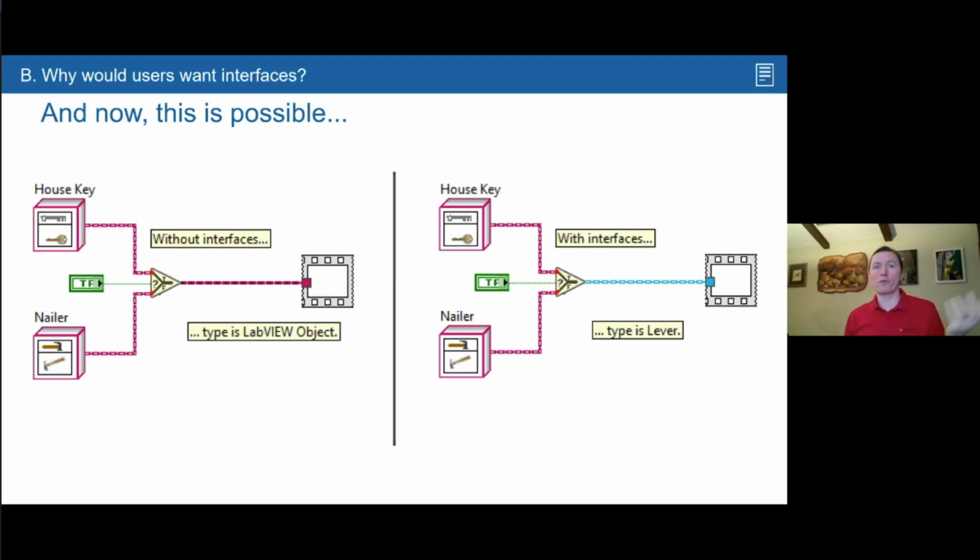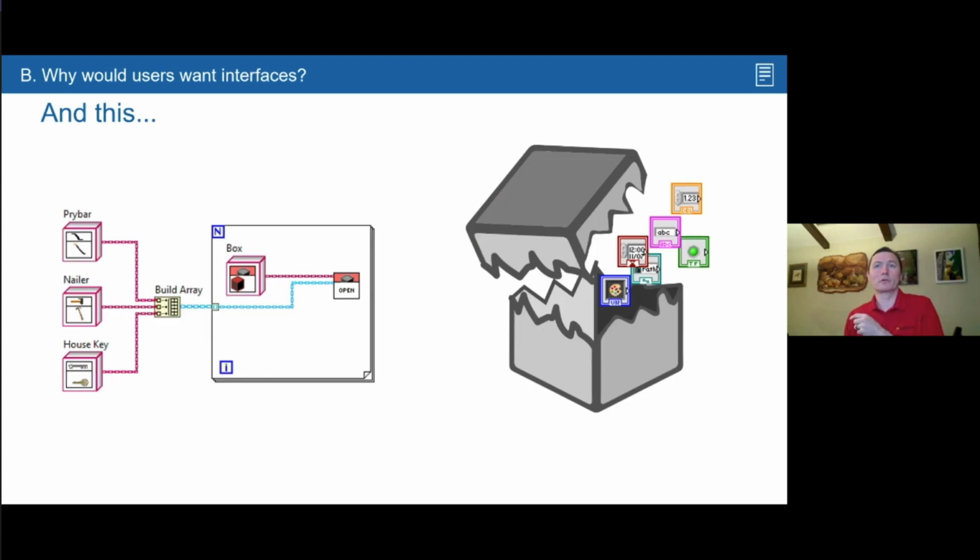It's useful for generic type things, but it doesn't have many methods. It's pretty much flatten and unflatten and some comparison ops. But with interfaces, oh, look, I could go all the way to LabVIEW object, but there's another common parent along the way, lever. So LabVIEW says, hey, I'll go get the common parent, which is lever. And so we get that blue wire out.